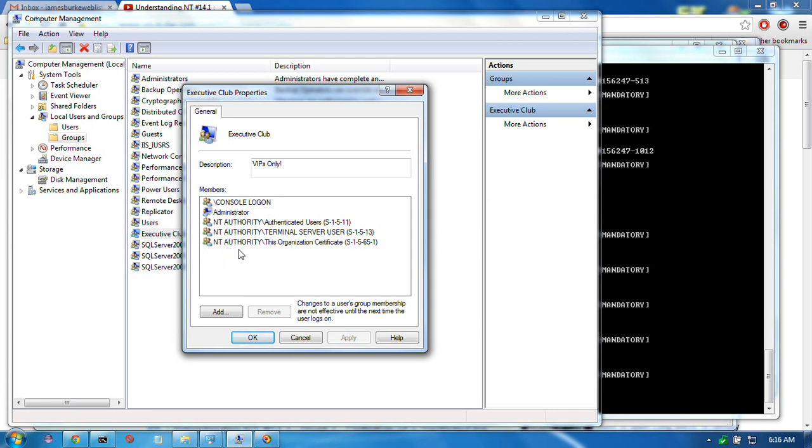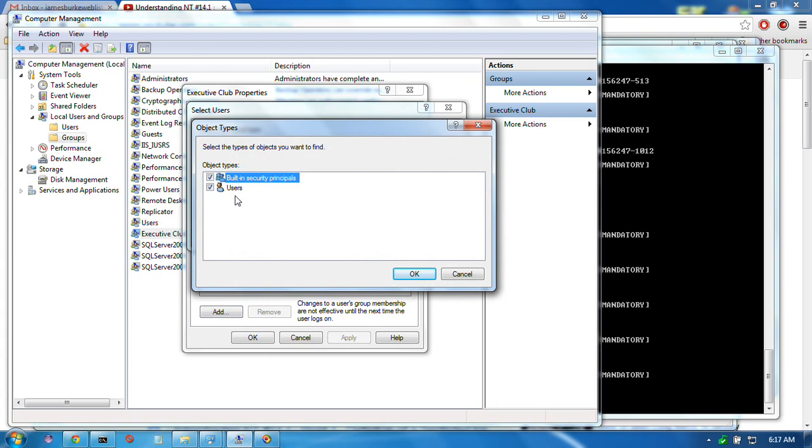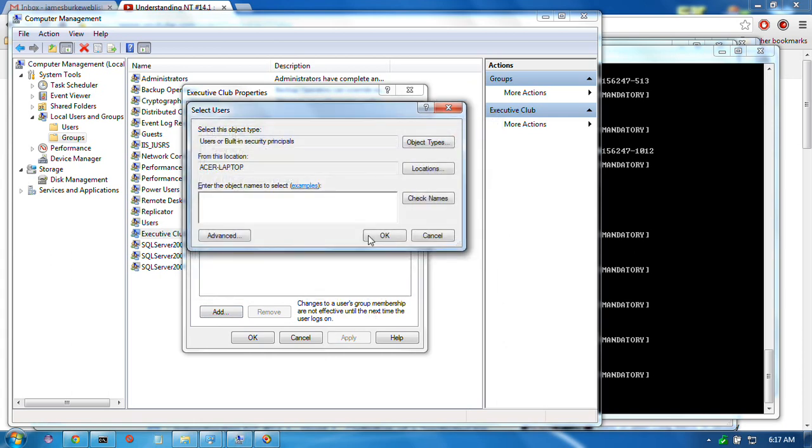Some of these are those principal things, right? Security principal. When we look at the types of things that can be put in there, those are the types.